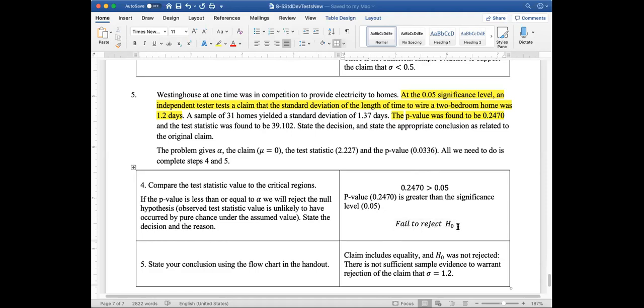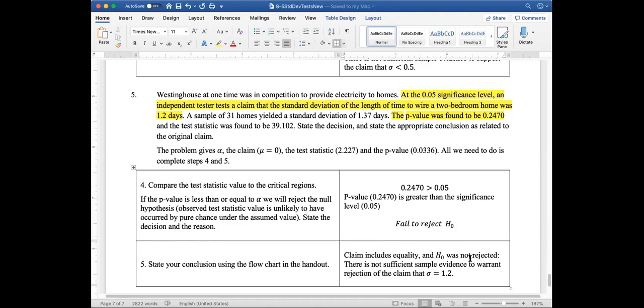Notice this was a two-tailed test, but we don't have to worry about that because the p-value was given to us. We already went through the process of finding it on one side and multiplying by 2. That's already been done. So we fail to reject H0, and then we go to the flow chart. The claim includes equality, so we go to the right after the first question, and H0 is not rejected.